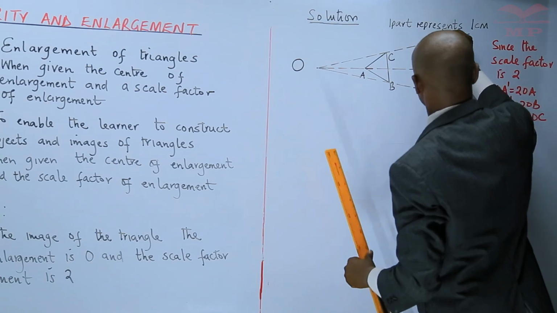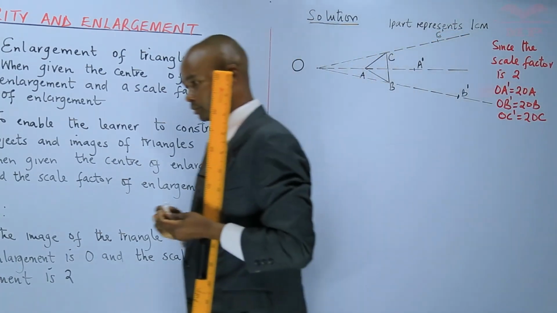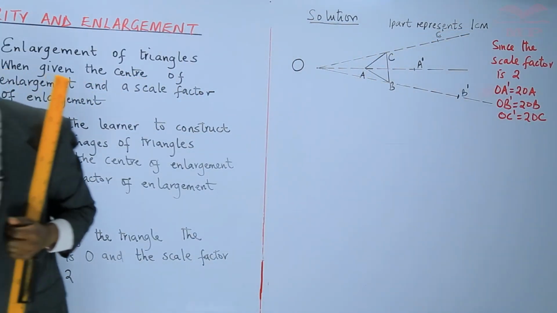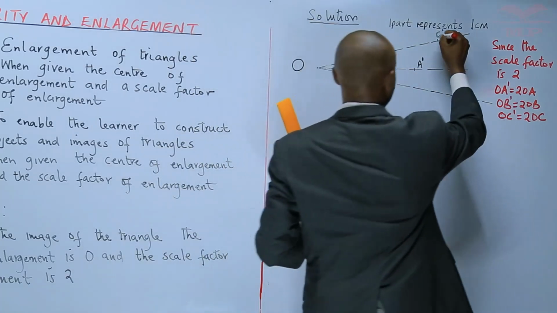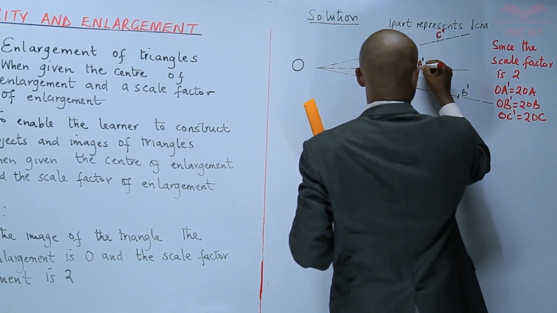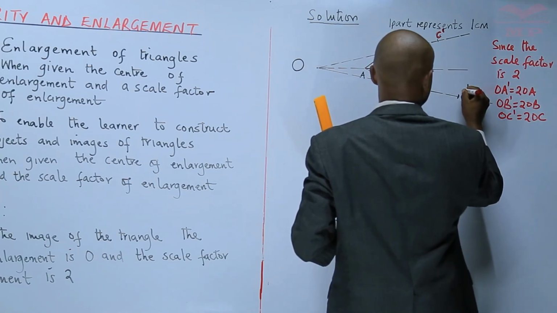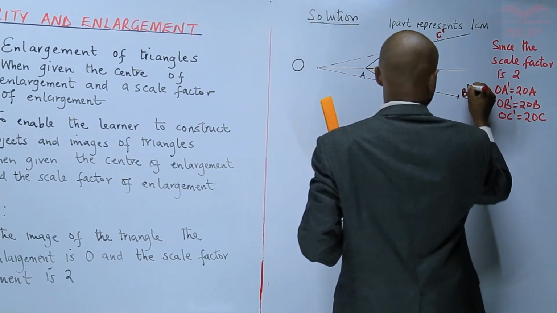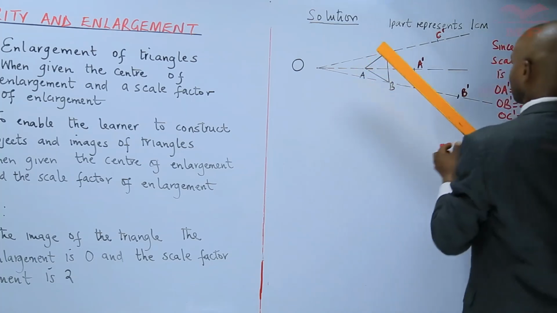I can just write with red the images. That is C prime, that is A prime, that is B prime. So I'll join the vertices.